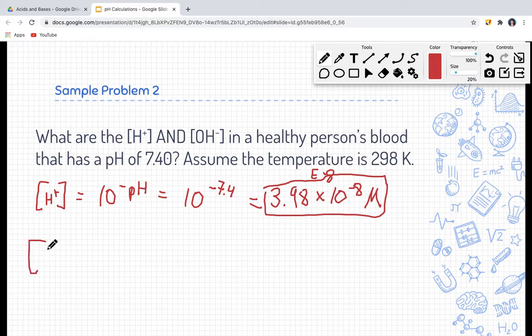Now we want to find hydroxide ions, okay? But we can do that because now we know our hydrogen ion concentration. So if you look at that little chart, it tells you that if you take 1 times 10 to the negative 14th and divide it by your hydrogen ion concentration, that should give you your hydroxide ion concentration.